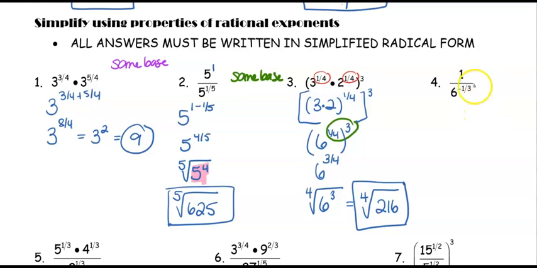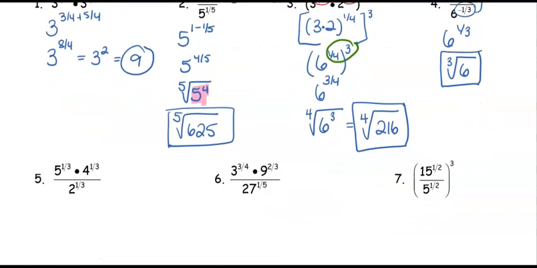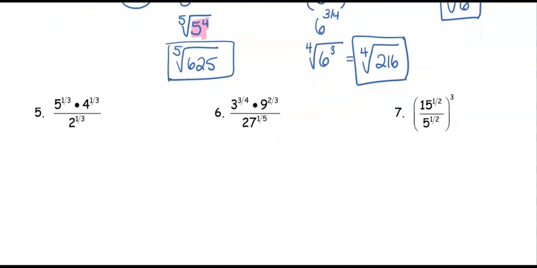Number 4, we see these negative exponents. Negative exponents means reciprocal, so I move it back to the top of the fraction, giving me the cube root of 6 to the 1st power. So all those exponent rules are coming into play. We look at number 5. What do they have in common?